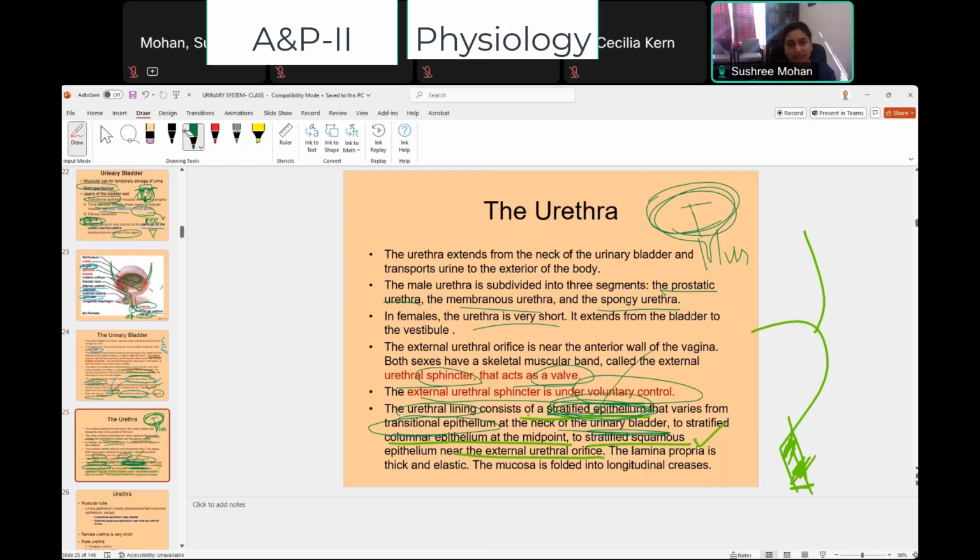The acid, the waste which is going to come, might erode or cause scars in the walls. That is why it needs a thick layer. That's why it's not squamous. Squamous is single layer, flat. This is stratified, multi-layered. It can resist the acidity of the urine. Okay, so that's why it's stratified, and that's it.